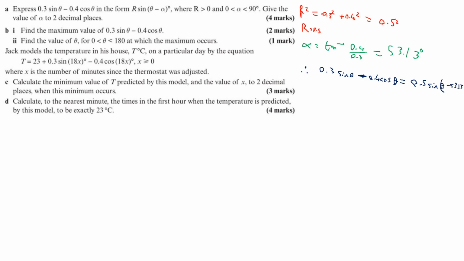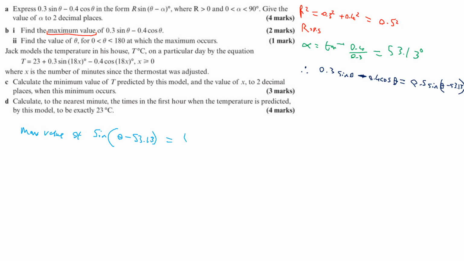Okay? Now, what is then the maximum value of 0.3 sine theta minus 0.4 cos theta? Well, if you guys remember, what is the largest value, the max value of sine (theta minus 53.13)?